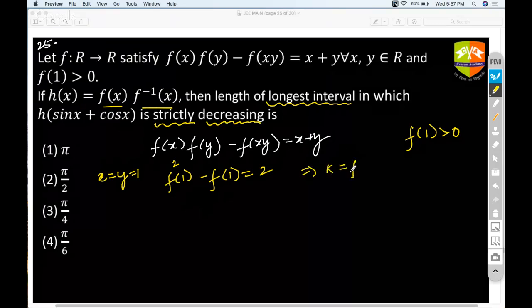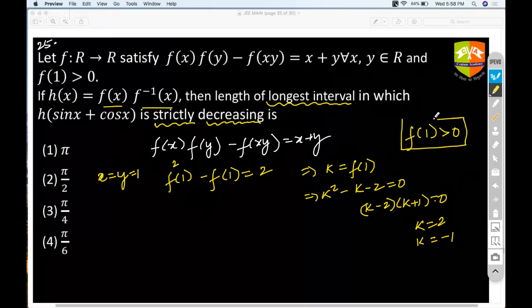So let's say k is f of 1. So it gives you quadratic k square minus k minus 2 equal to 0, which is factorizable. And this is factorizable as k minus 2 times k plus 1, that's 0. So k value is 2 or k value is negative 1, but since they have given that f of 1 is positive, this value is rejected. So f of 1 is going to be 2.